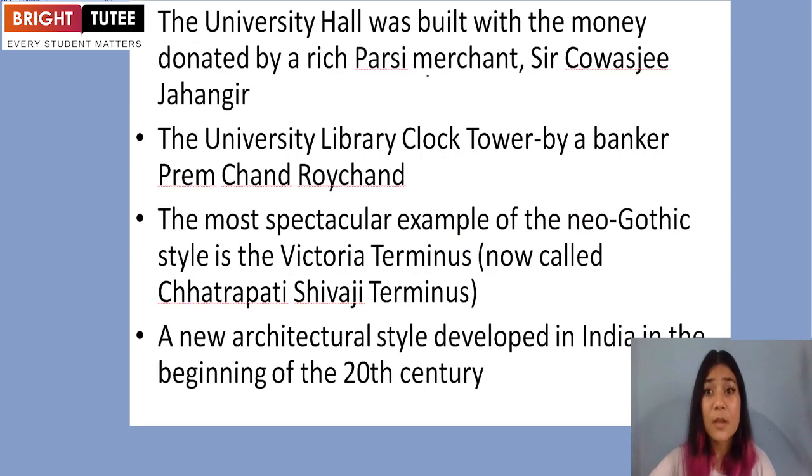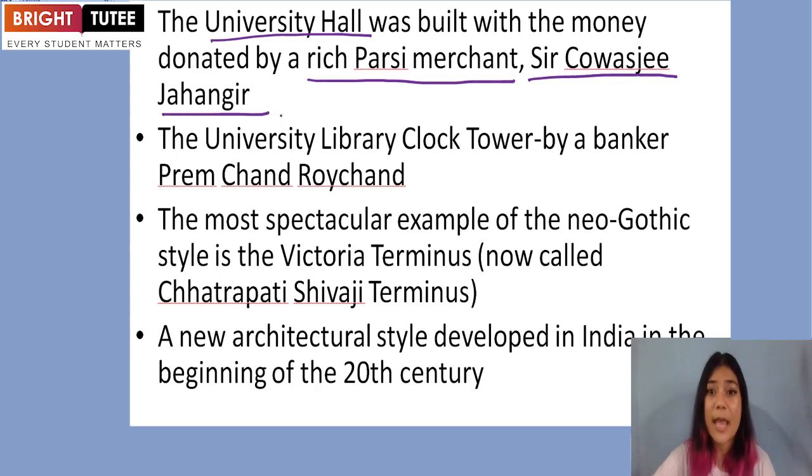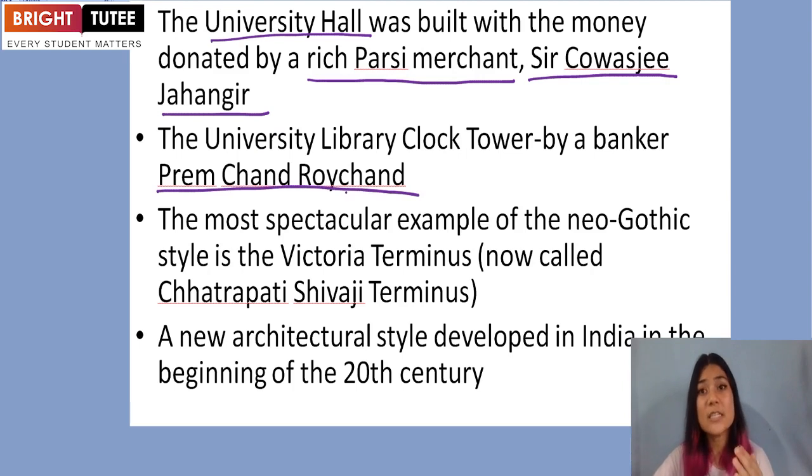If we look at the University of Bombay, the University Hall was built with money donated by a rich Parsi merchant whose name was Sir Cowasji Jehangir. And the University Library Clock Tower was built with money donated by a banker whose name was Premchand Roychand. So, these were Indian merchants who gave some amount of money in the construction projects of the British government.